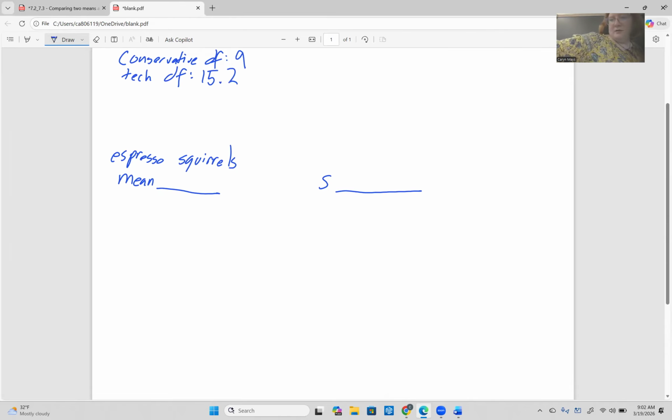All right, looking at a little bit of it as we start. What were the mean and standard deviation for the espresso squirrels? Let me get those. 18.36 for the mean, and the standard deviation is 1.0, what, 3?